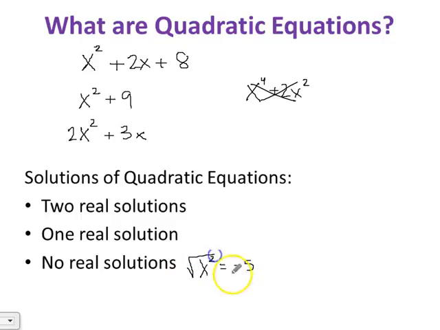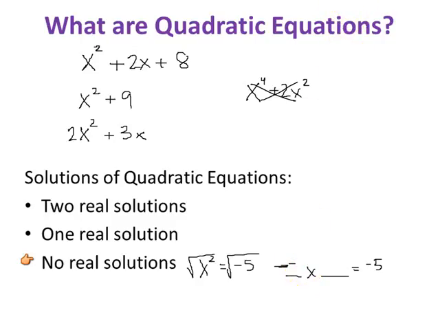We would have to take the square root of each side. Can we find a number times itself that would give us -5? It would have to be the exact same number times itself. Well, a negative times a negative gives us a positive. So there's no solution here. This is an example of where we would have no real solutions. So these are the 3 possibilities of the number of solutions that we can have when we're solving quadratic equations.